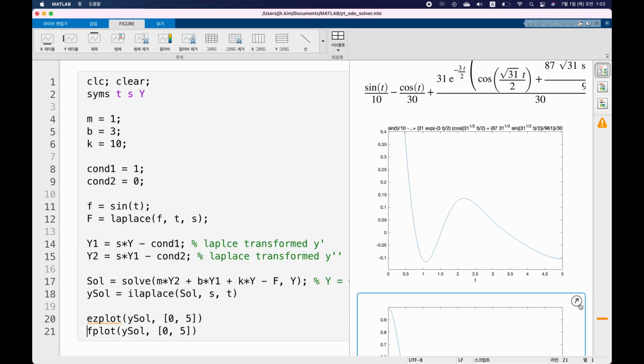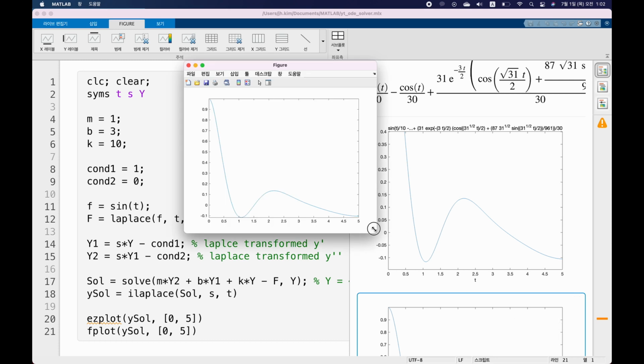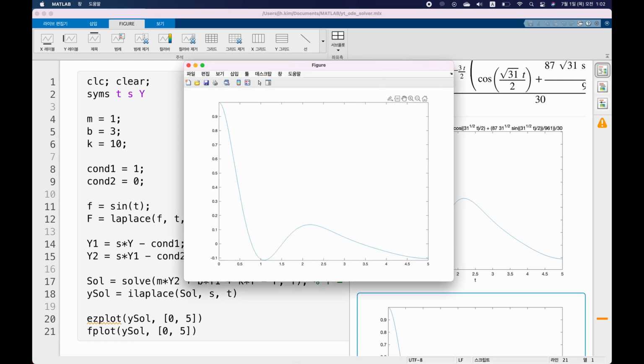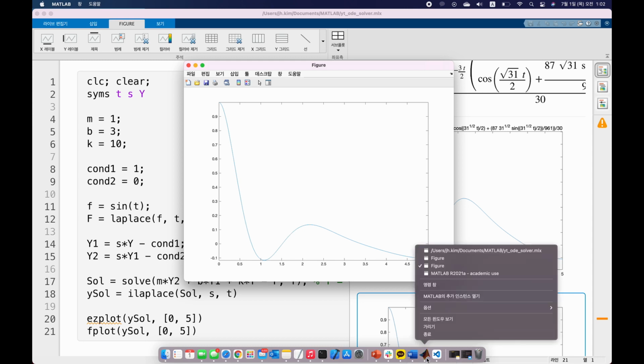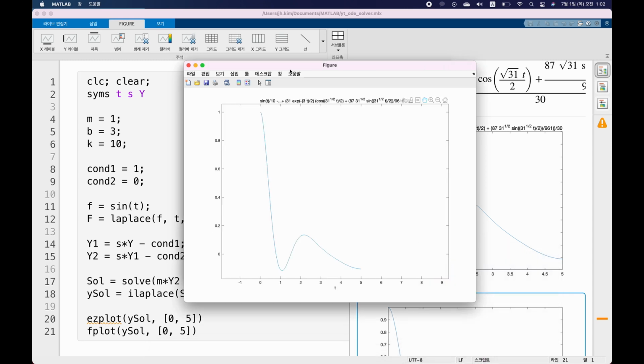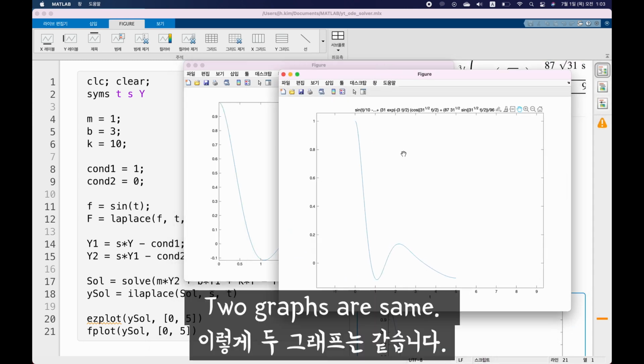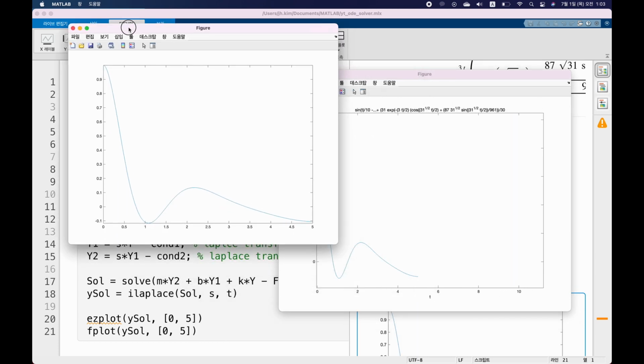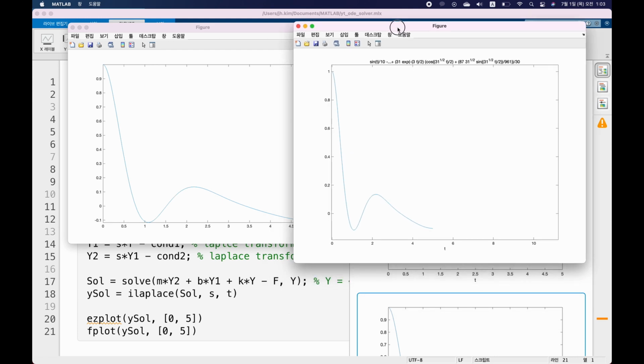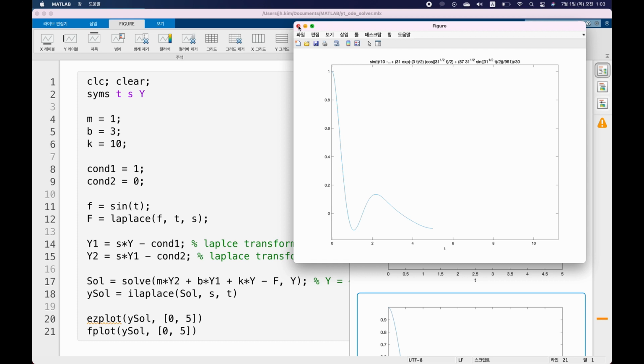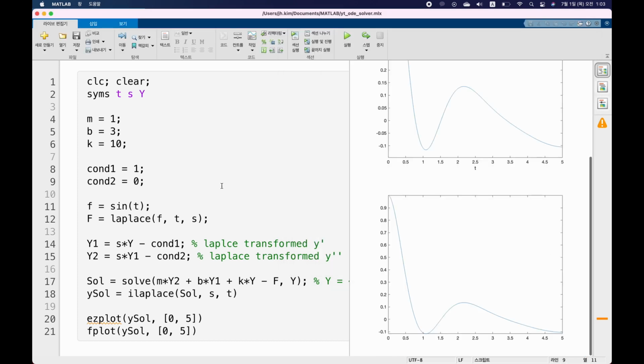Then here, like this. The two graphs are the same, like this, right? So like this, you can see the graph like this.